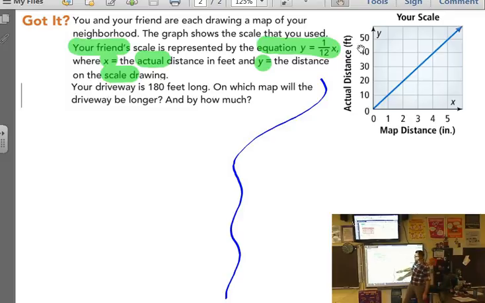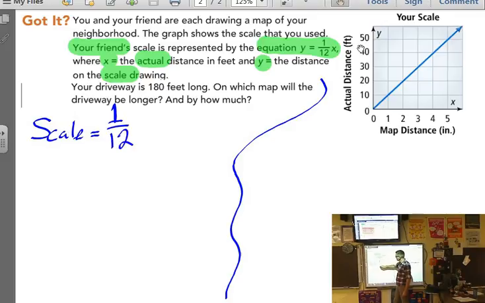So on your friend's, the scale drawing will be 1/12, sorry, not 1/2, 1/12 of the actual. So if I replace y and x with scale and actual, that's what I end up with. Any questions on how I figured that out?